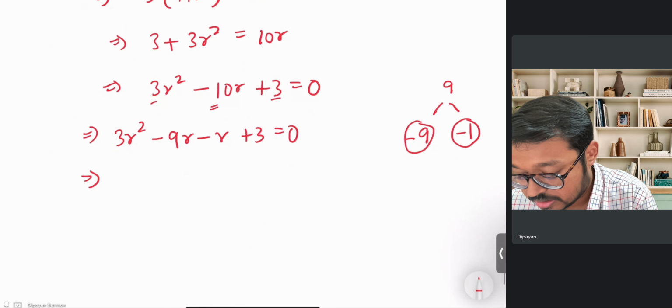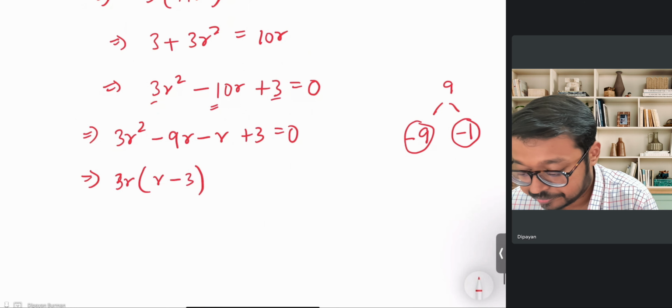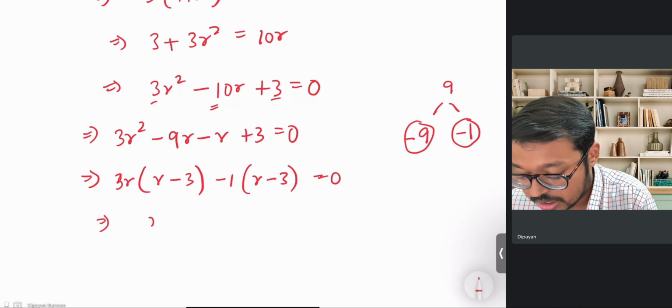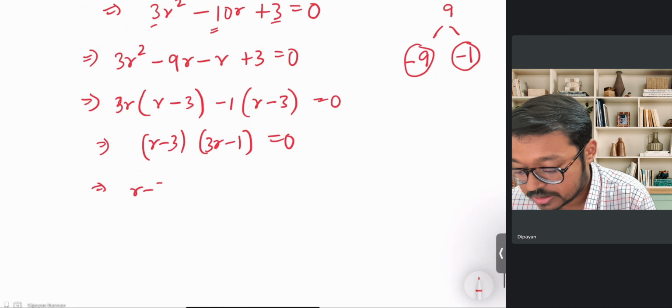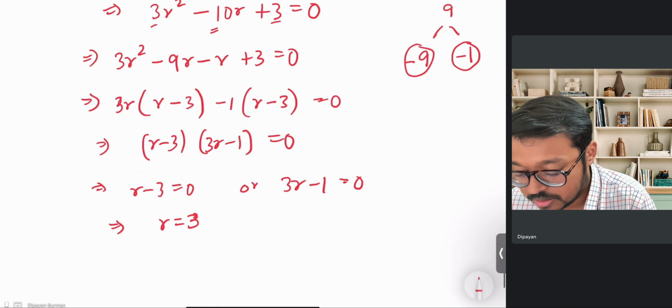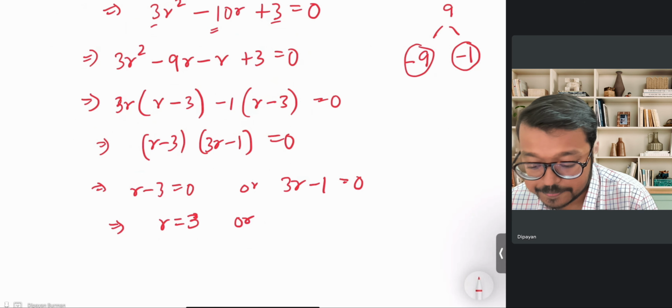Let's take common factors: 3R is common, then R minus 3, and we can take minus 1 common, then we get R minus 3. So we get R minus 3 into 3R minus 1 equals 0. That means R minus 3 is 0 or 3R minus 1 is 0. So R is equal to 3, or if I move the minus 1 to the other side, R can be 1 by 3.